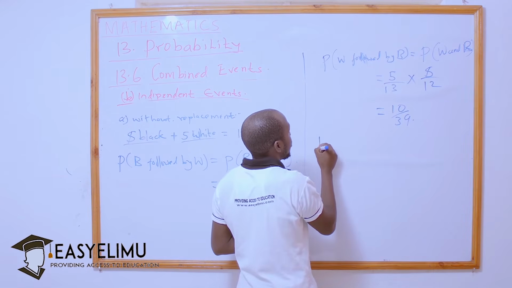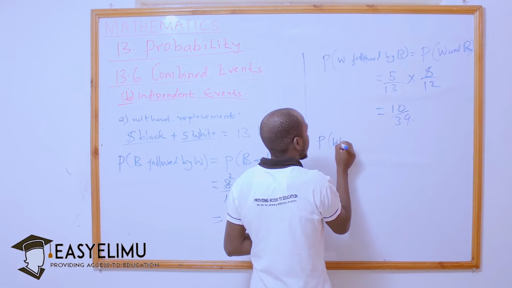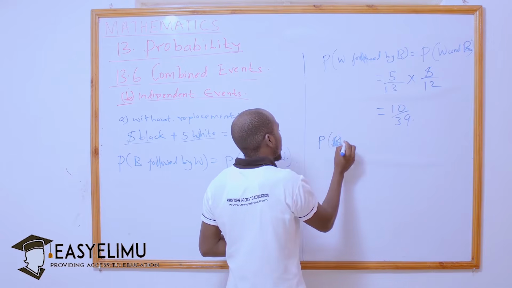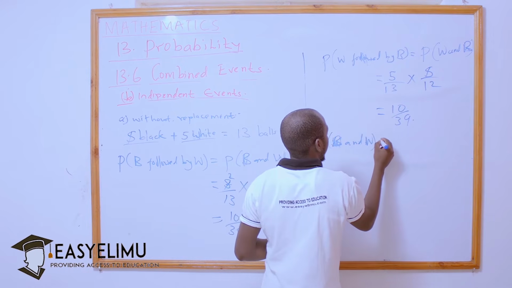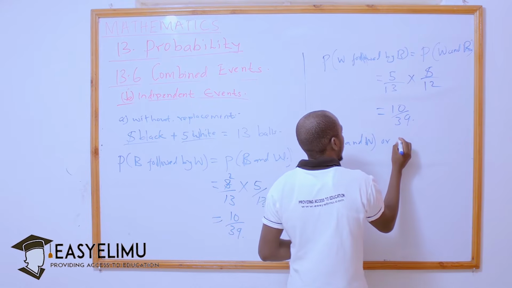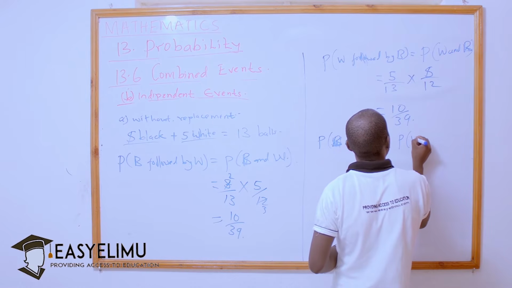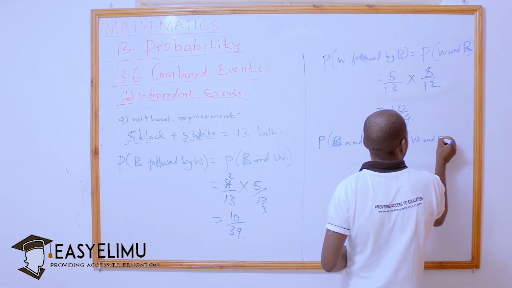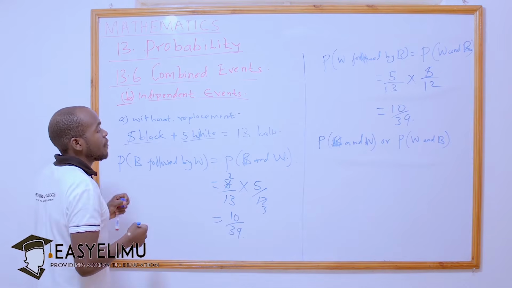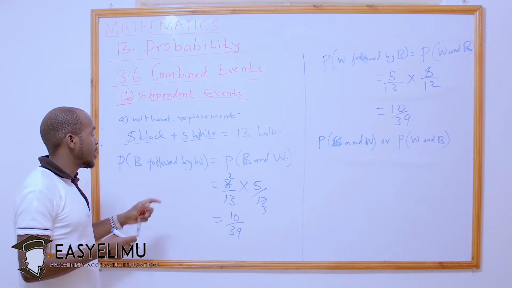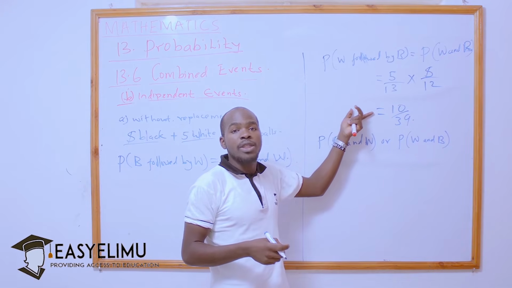So the probability of picking black and white, or picking white and black, is a mutually exclusive event, because if you pick the first one, you can also pick this one.